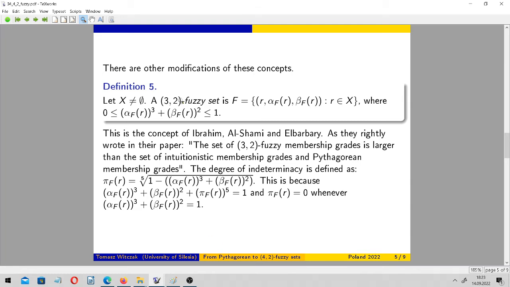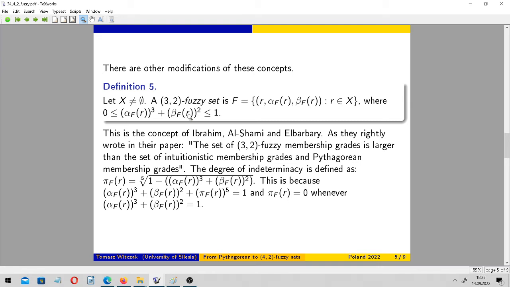So, for example, we have the 3-2 fuzzy set. In this case, we have alpha cubed plus beta squared, and this should be lesser than or equal to 1. And this is the concept of Ibrahim, Al-Shami and Al-Barbari, as we already know. And they wrote in their paper that the set of 3-2 fuzzy membership grades is larger than the set of intuitionistic membership grades and Pythagorean membership grades.